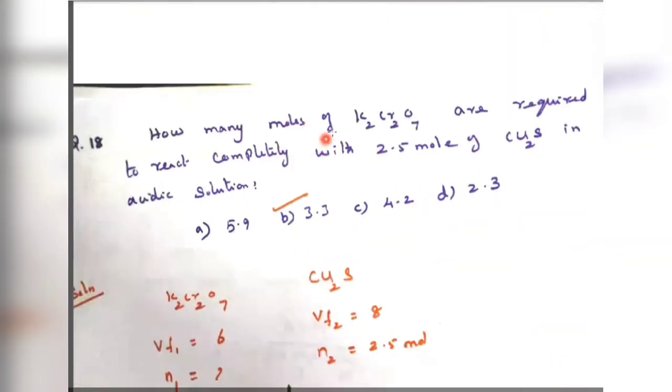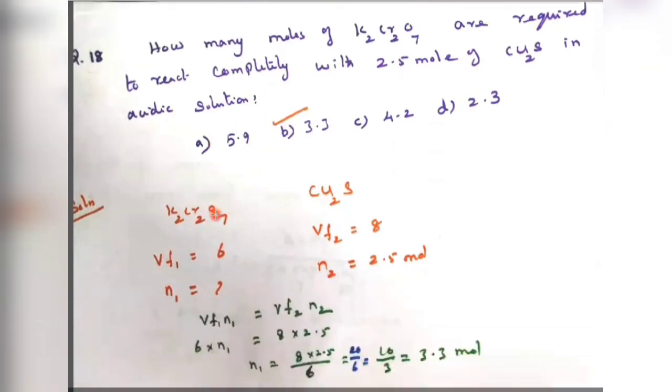Last question. How many moles of potassium chromate are required to react completely with 2.5 moles of cuprous sulfide, Cu2S, in acidic solution? For potassium chromate the valency factor is 6, and for cuprous sulfide the valency factor is 8, which we already calculated. So N1 is a question mark, N2 they have given 2.5.